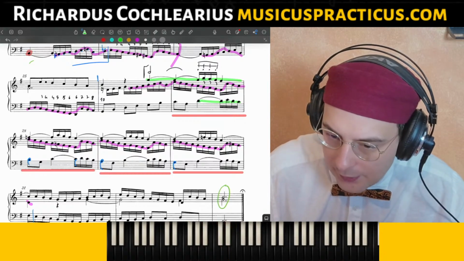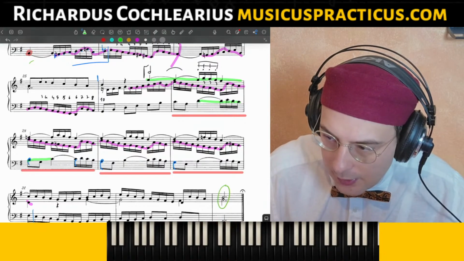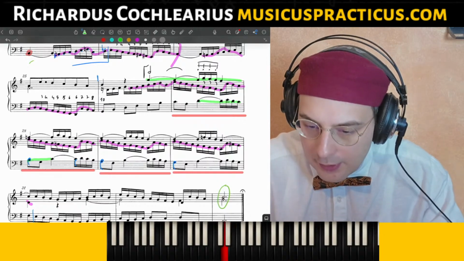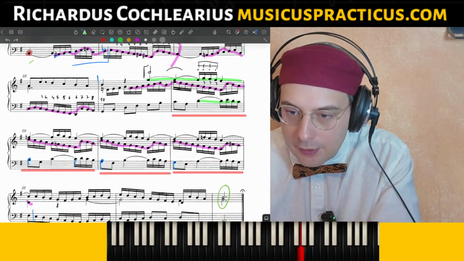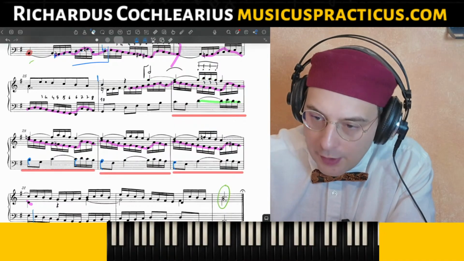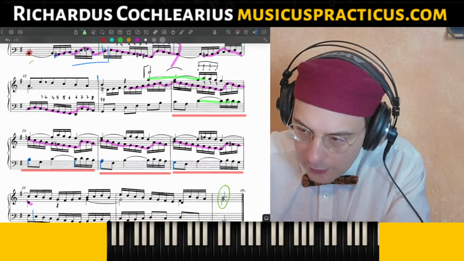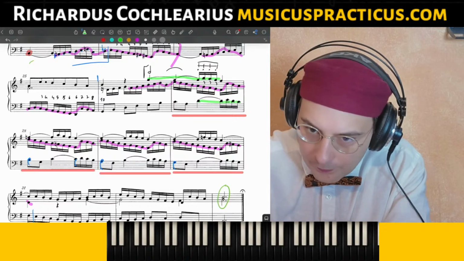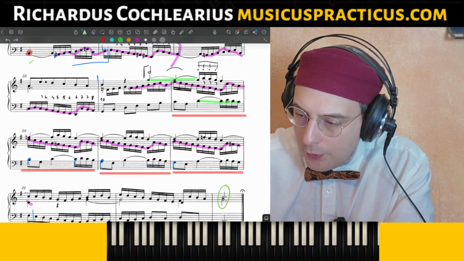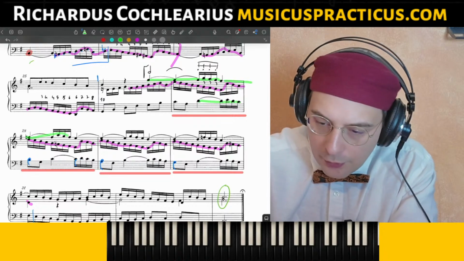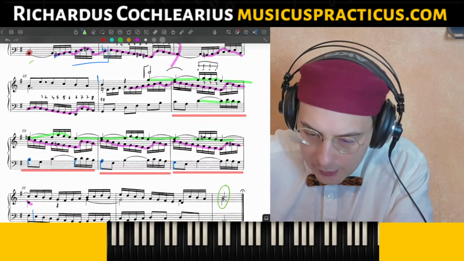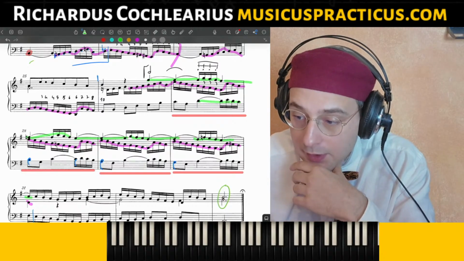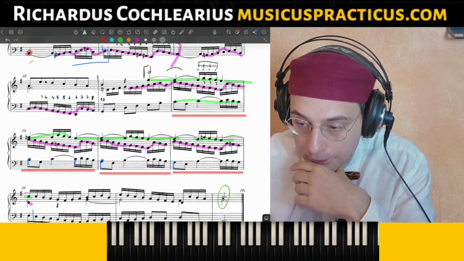Yes, it disappears. So 1, 2, 3, da, da, 1, 2, 3. We can do that way because it starts here. 1, 2, 3, da, da, da. Okay, and even in the bass, 1 and 2.